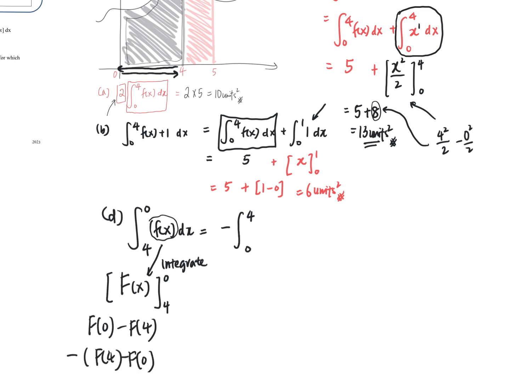Yes. So to change the limit, you just add a negative sign in front. Reverse it. So if you want to reverse these two, that's why there's a negative sign in front. So if we do this, then our answer is just minus 5 units square. Although it shouldn't be an area to have negative, right?